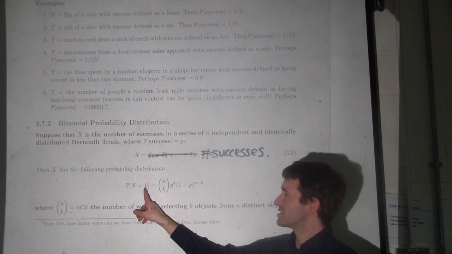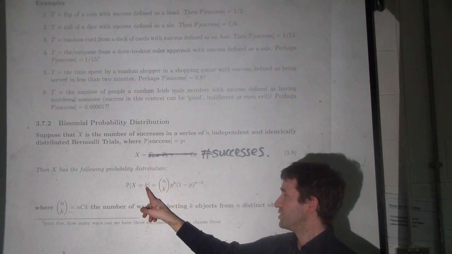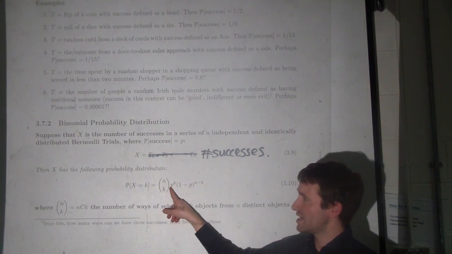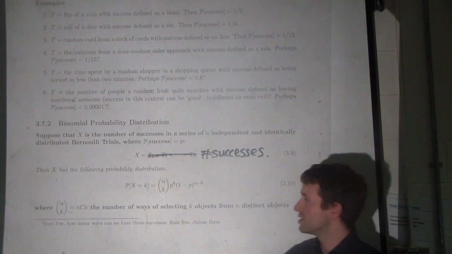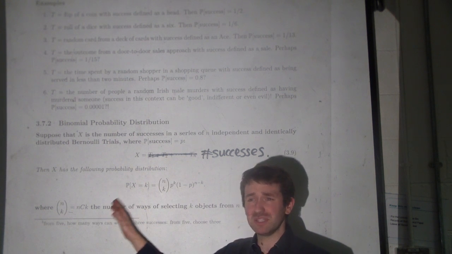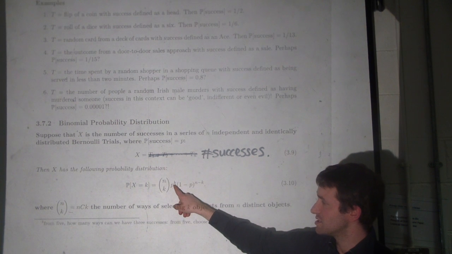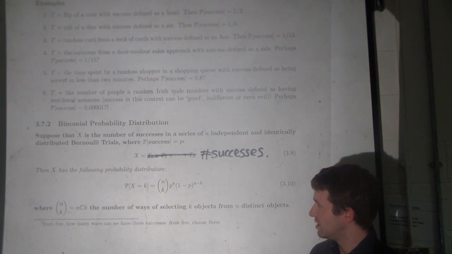Then you have a probability distribution, or basically a formula for the probability that the number of successes is equal to a number, K. So you're going to have success and success and success, P times, K times. So you're going to have P by P by P by P by P, K times. And then if there's K successes out of N, the rest of them, we'll just put some nice numbers under here, okay?